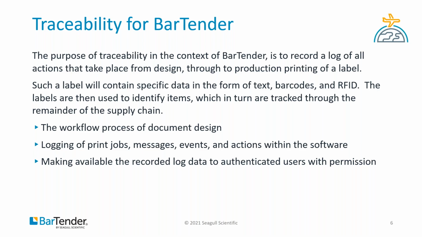And of course, we want to capture that data for our traceability logs. The labels are then used, of course, to identify items that are then put into the supply chain, which in turn themselves are tracked through the remainder of the supply chain.